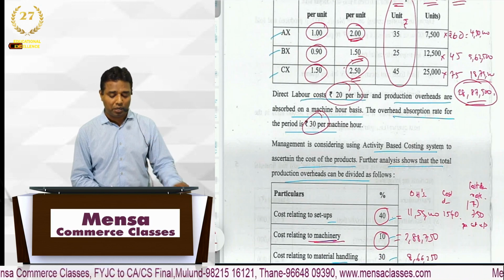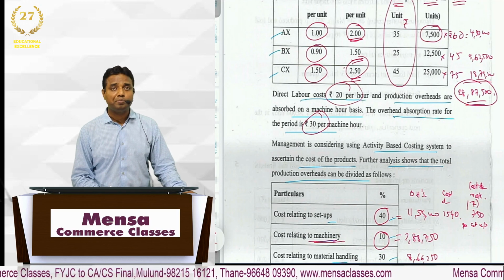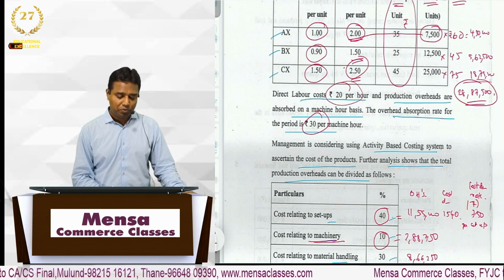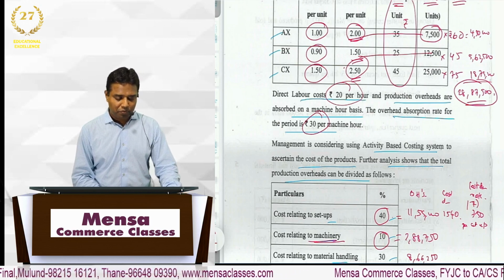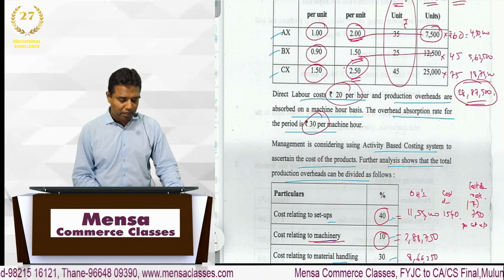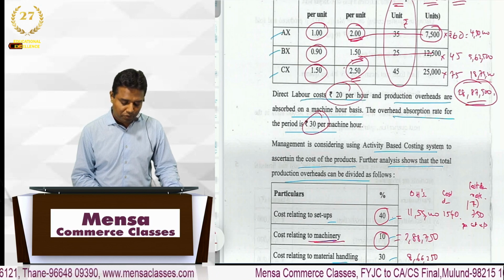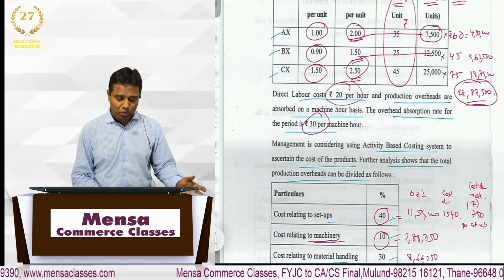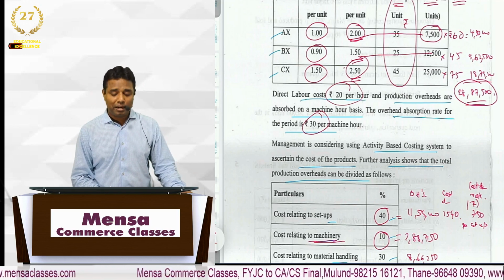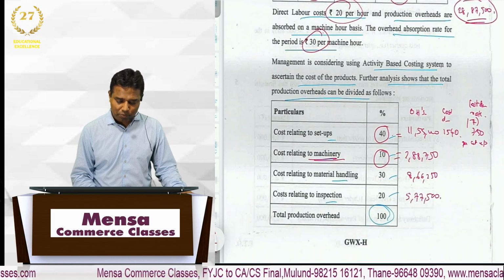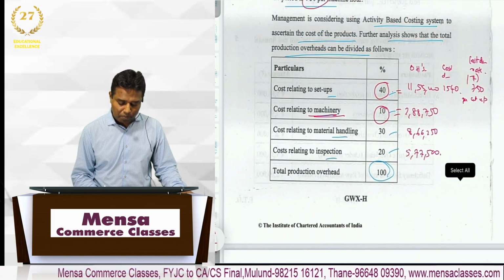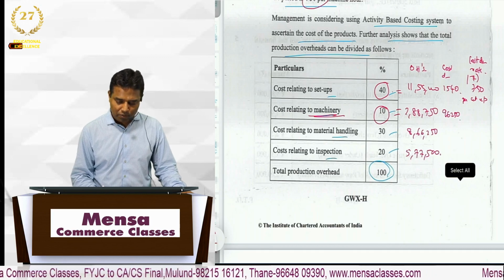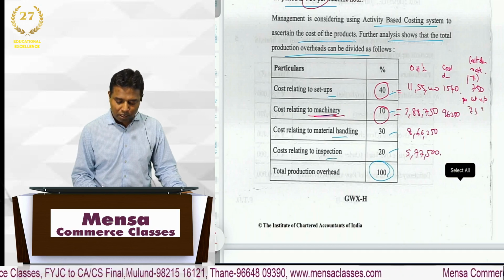These are all per unit, so multiply by the volume. 2 into 7,500 is 15,000. 1.5 into 12,500 is 18,750. Then 2.5 into 25,000 comes to 62,500. So add that, it totals up to 96,250 total machine hours. So the rate will come to rupees 3 per machine hour.